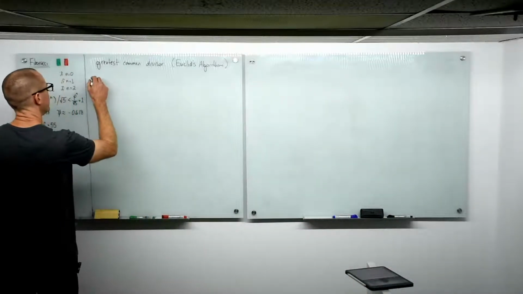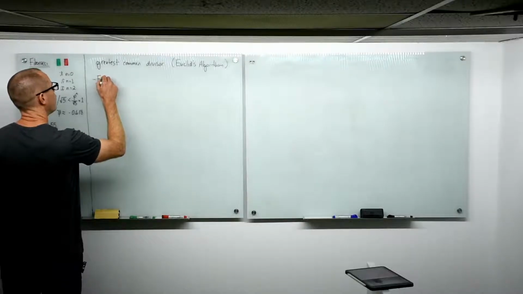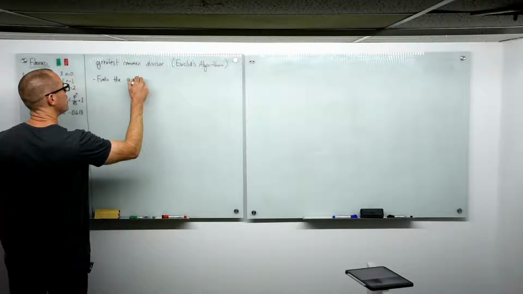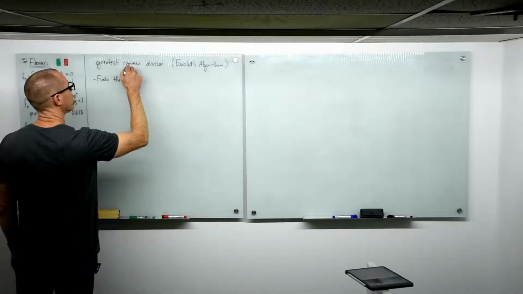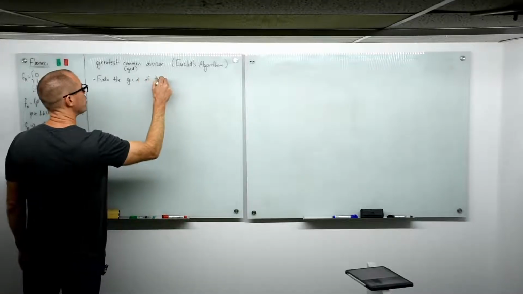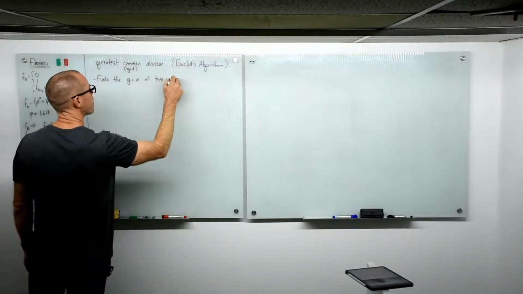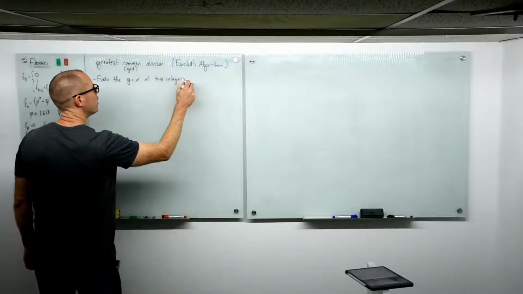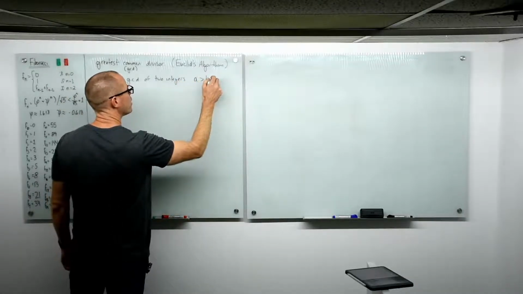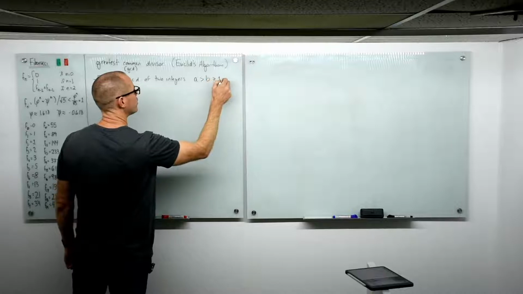But sometimes there were just numerical problems to solve, and Euclid's algorithm solves one of those things. So it finds the GCD, that's this thing here, of two integers, A, which is bigger than B, which is bigger than or equal to 1.